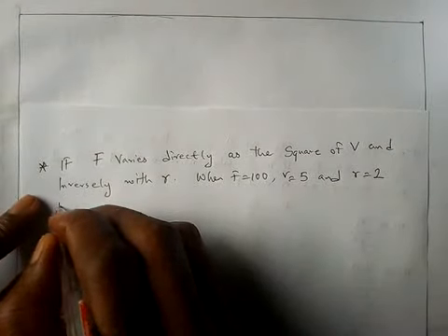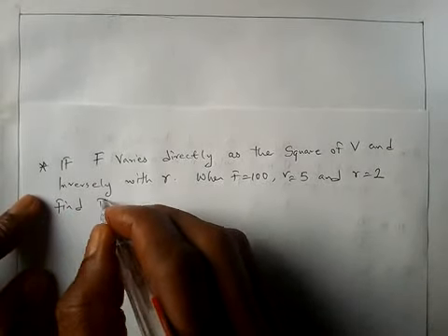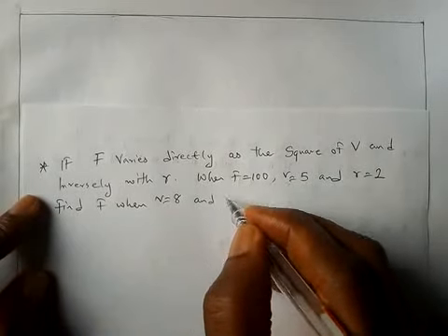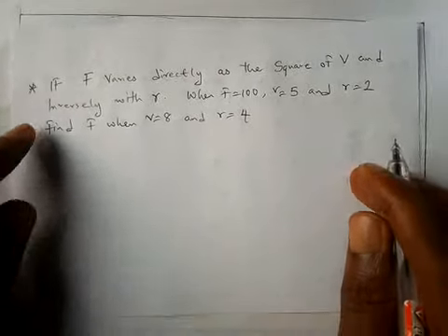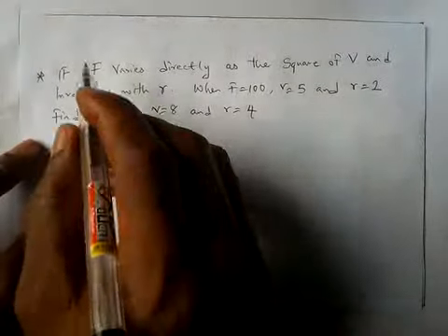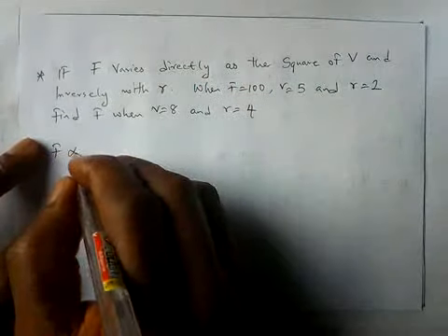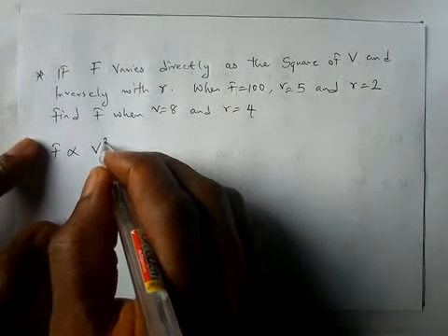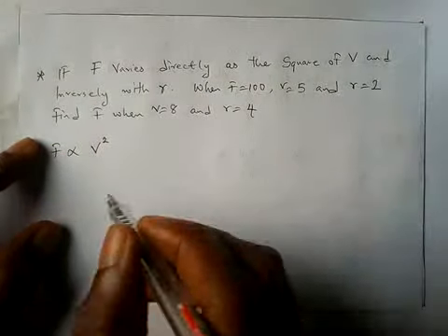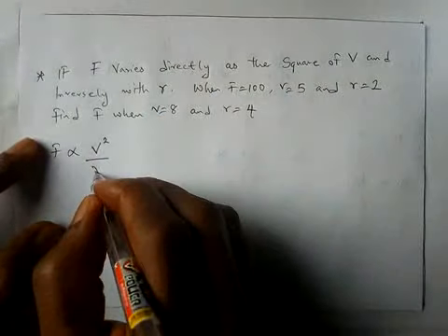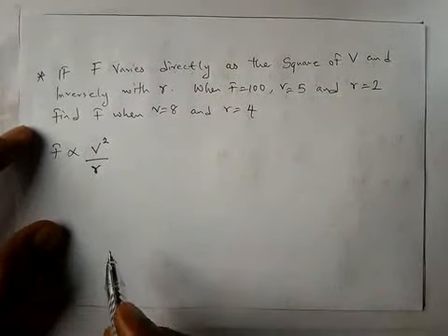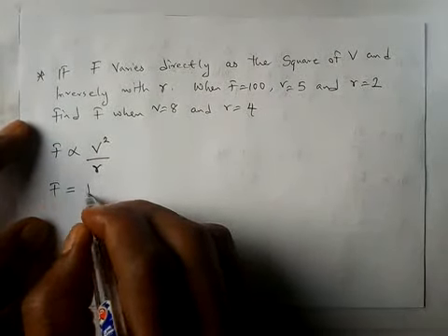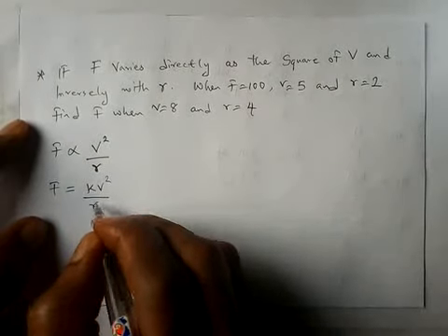The question is now saying we should find f when v is equal to 8 and r is equal to 4. So f varies directly as the square of v and inversely as r, meaning that f is equal to kv squared over r.